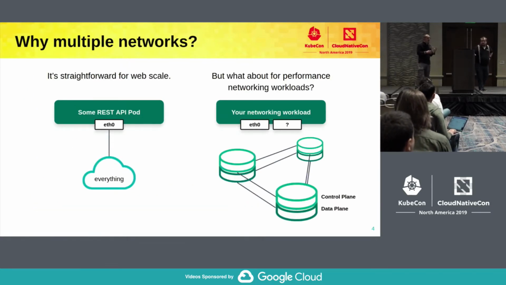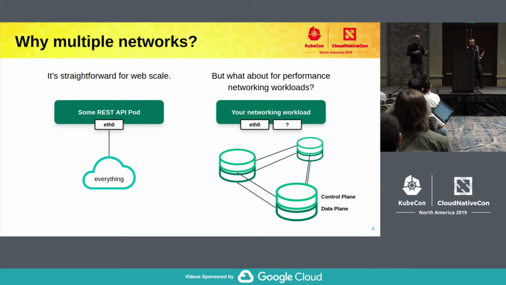So why do we really care about having multiple network attachments? Sometimes what we get in the world of Kubernetes is a focus on web scale applications. And in web scale, all you care about is just some traffic going out and getting traffic back. So your pod has this one singular network attachment that looks like an interface in your pod, and it just attaches you to everything.